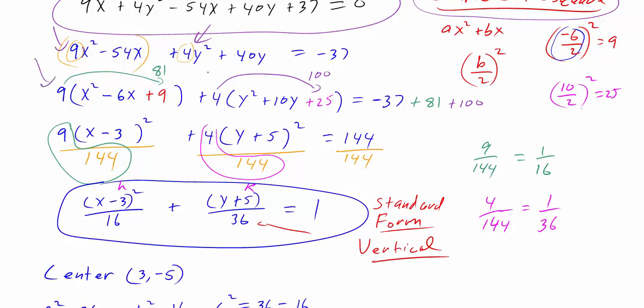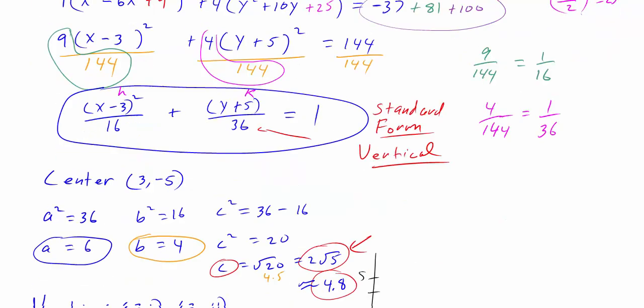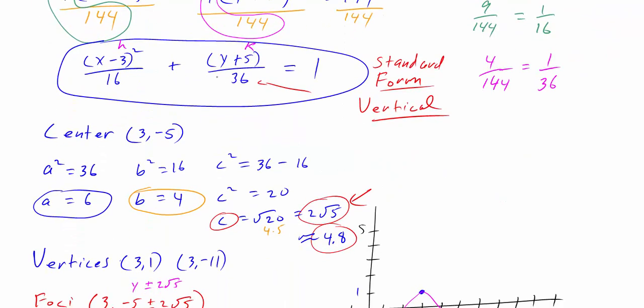We took out a 9 and we took out a 4. And just remember, when you complete the square, whatever we put on the inside has to be multiplied by the factored value out front, and then we have to do the same thing to the other side of the equation so that everything keeps the equation balanced. And then once we get this into standard form, you can easily calculate the center, the vertices, and the foci.